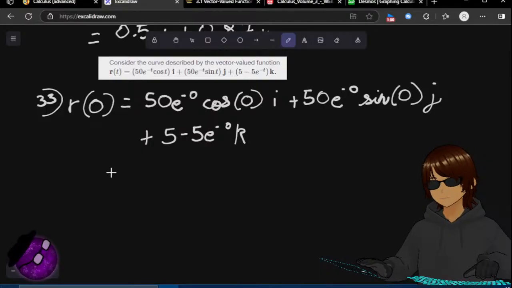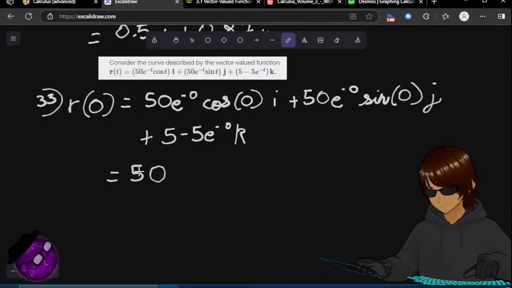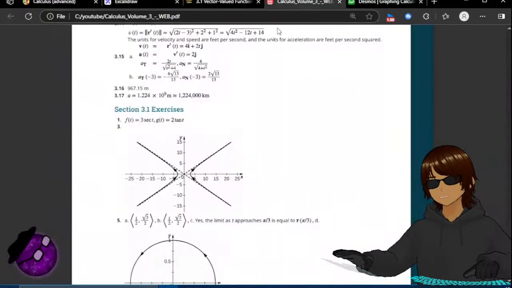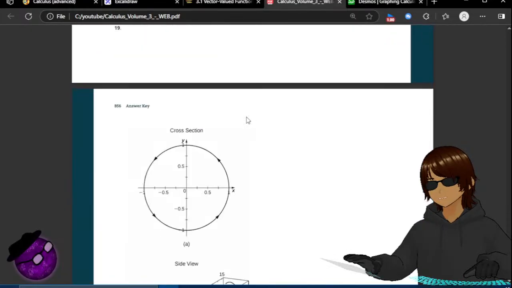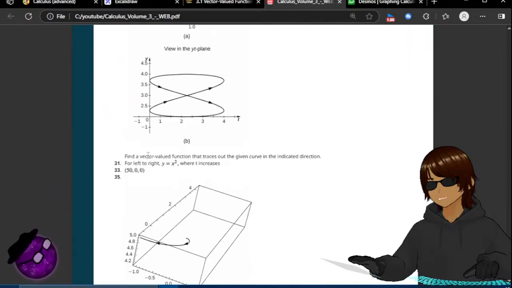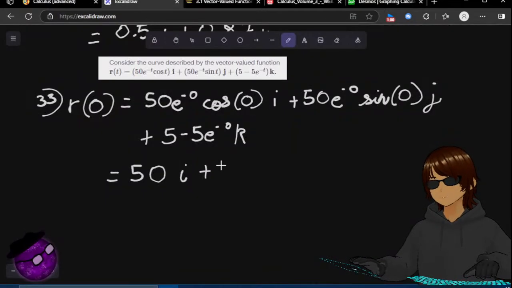And k. So 50 e to the power of 0 is 1. This is 1. This is 1. 50i plus, so there's no j. 5 minus 5, right? And there's no k. I feel like this answer is wrong. Let's just check. Yeah, 50, 0, 0. It was correct apparently. 0 j, 0 k.